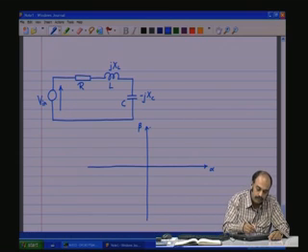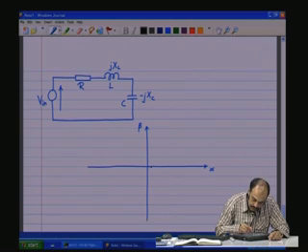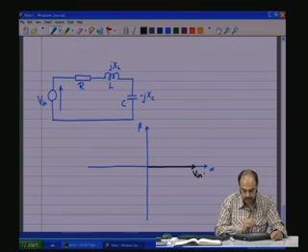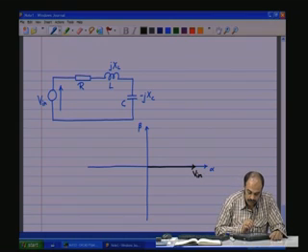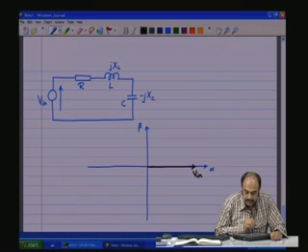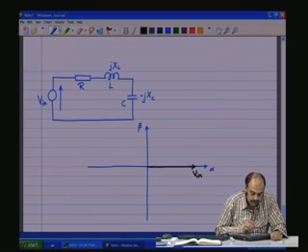So, we have V in as the reference. You always start with V in as the reference because you are applying V in and you know at what point it is going to cross 0, and let us say we take that as the reference. Depending upon the values of L and C, the current could lead or lag. We do not know whether it could be in phase, lead or lag.